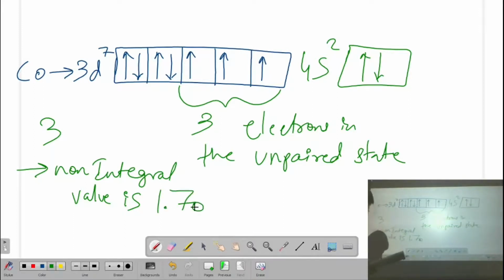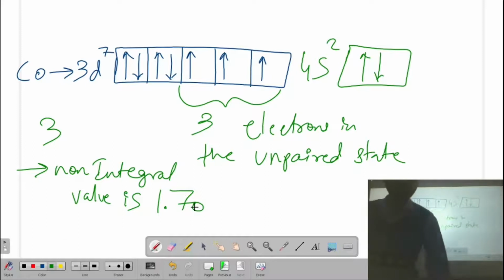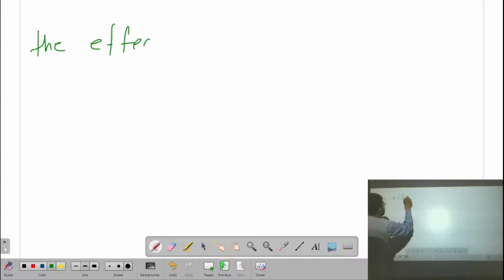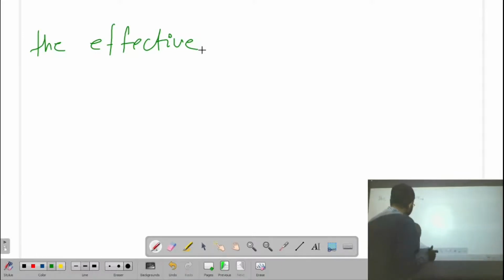Now there is one equation to find out this non-integral value, that is given by n effective, the number of effective Bohr magnetons. Don't get confused, this Bohr magneton is nothing but the atomic moment, is nothing but the magnetic dipole moment. It's one and the same.